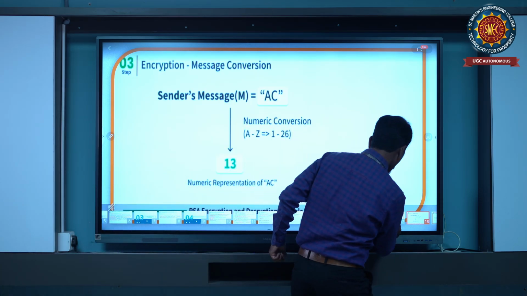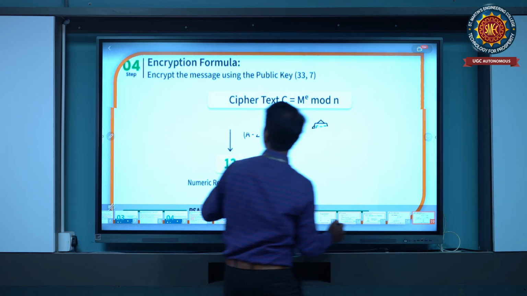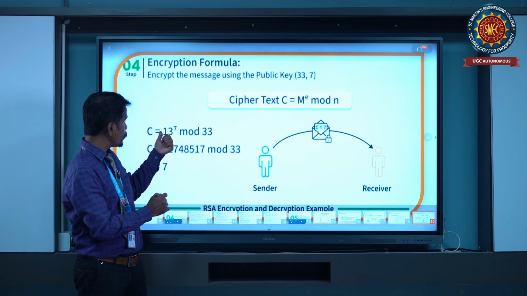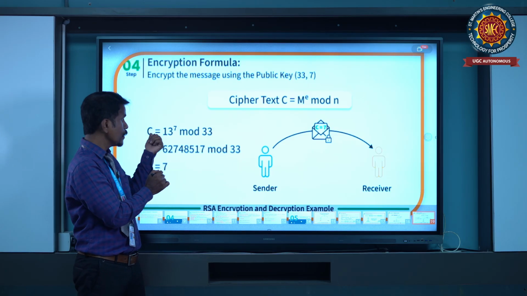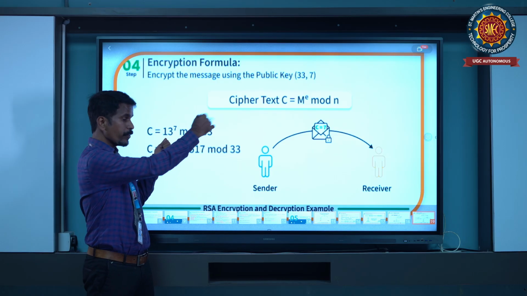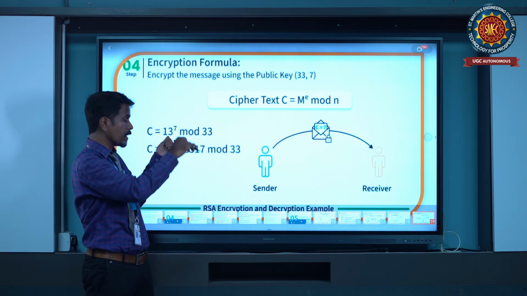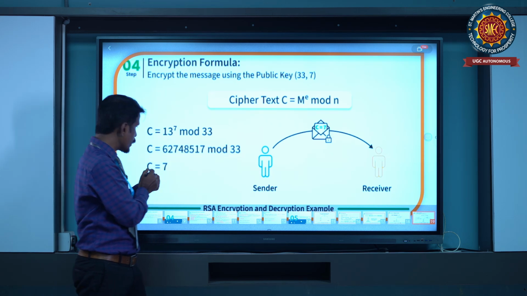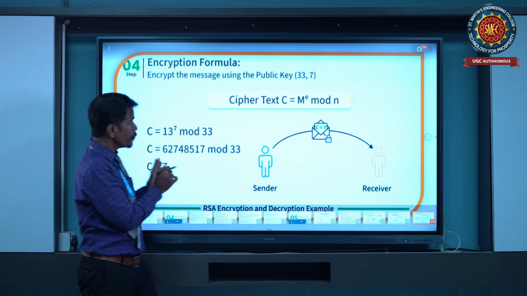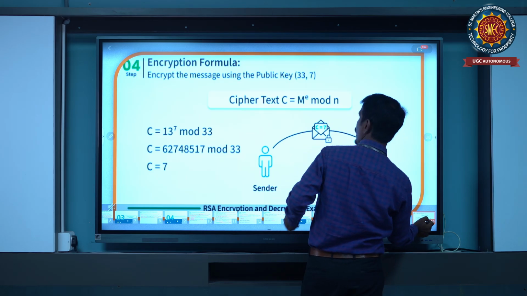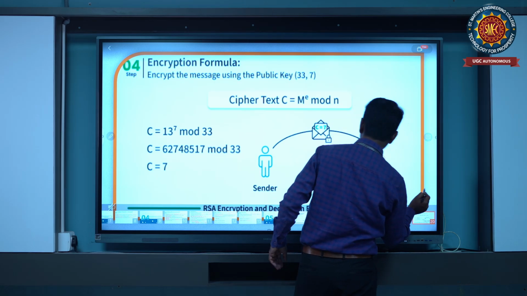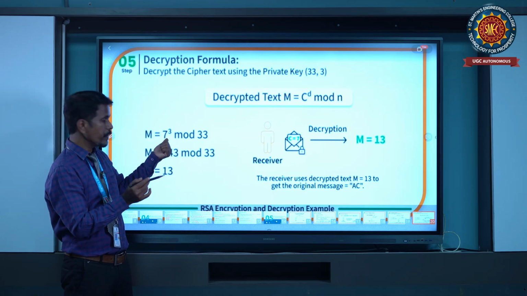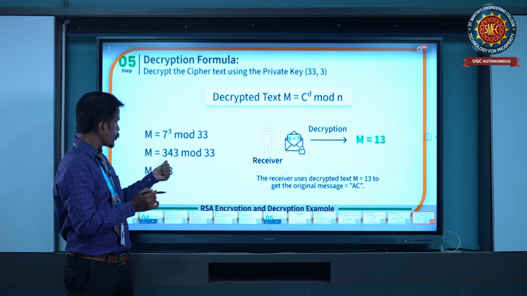Next, the encryption formula we already know: C equals M to the power e mod n. M is 13, the numeric value of AC, so we compute 13 to the power 7 mod 33, and finally the C value is calculated as 7. After finding the C value, next we have to decrypt the message. The ciphertext is 7, so M equals 7 to the power 3, which is 343.